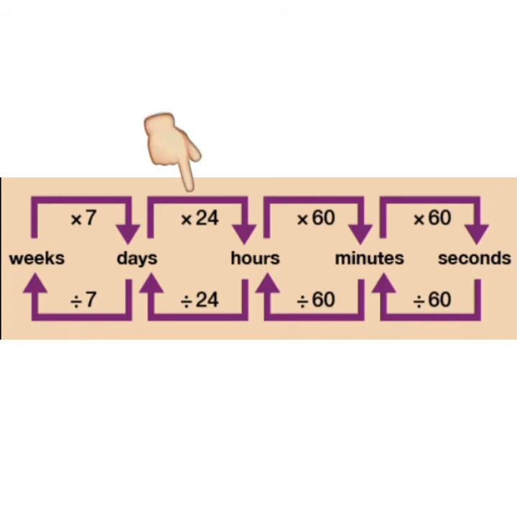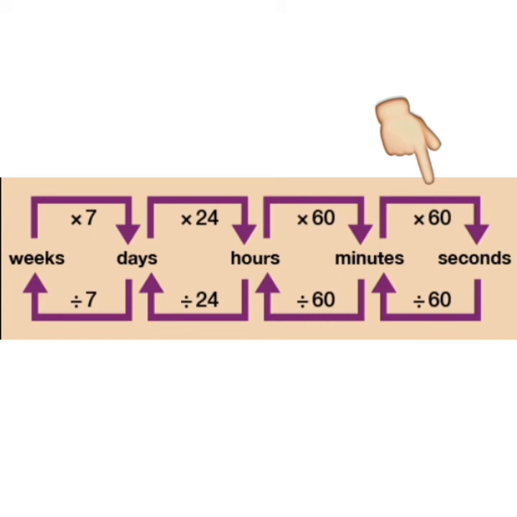When we move from days to hours, we multiply by 24, and when we move from hours to days, we divide by 24. When we move from hours to minutes, we multiply by 60, and when we move from minutes to hours, we divide by 60.